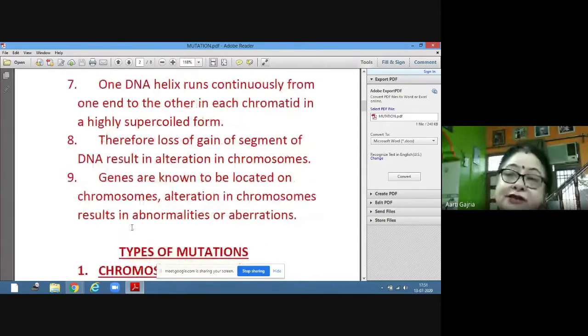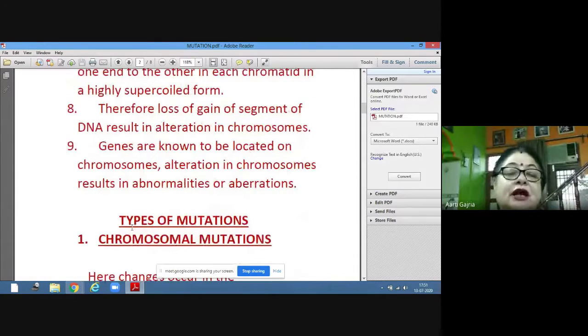Now, what are the different types of mutations? We have understood that mutation is any change, any alteration in the genetic information. This genetic information is present in DNA. DNA is on the chromosome, and on DNA are genes. So, the mutations can be chromosomal mutations, or can be point mutations on the gene itself.